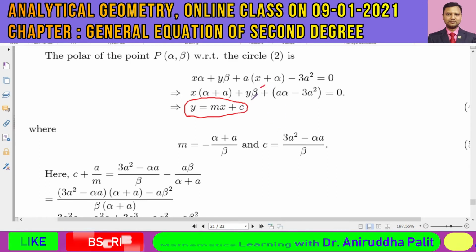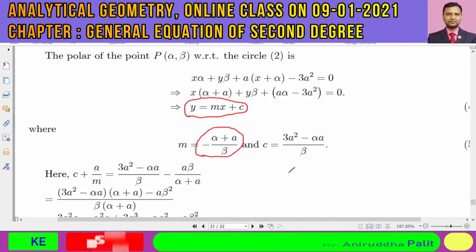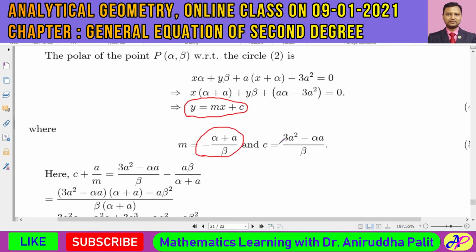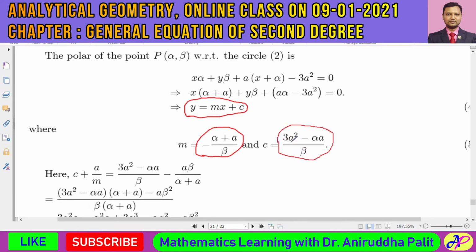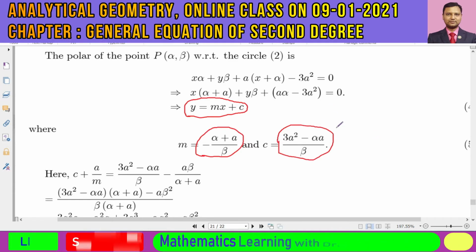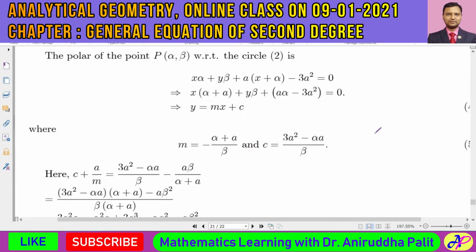Beta is the coefficient of y. So dividing the total expression by beta, we get that the coefficient of x, m, would become is equal to minus alpha by a into beta, and the remaining constant term would be c is equal to 3a square minus a alpha divided by beta. I am not showing the detailed computation. It directly follows from the result that by dividing by beta we get this kind of expression: m is equal to this and c is equal to this.